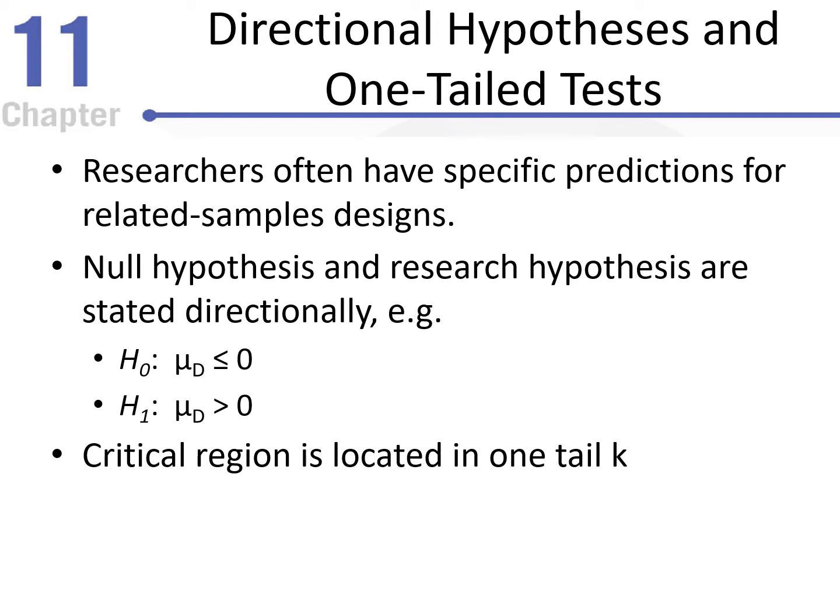It makes it easier to reject the null, which it does. But it's almost like the editors of these journals think that you're trying to cheat them. And so whenever I conduct research, I always analyze the data using non-directional or two-tailed tests because one-tailed tests are frowned upon with a lot of editors of journals. And I think it goes back to a lot of things.